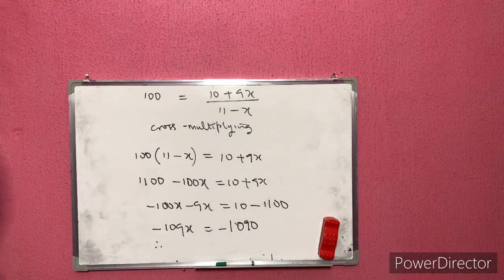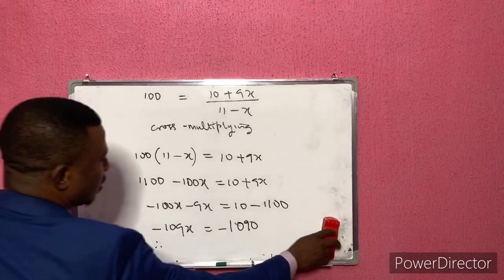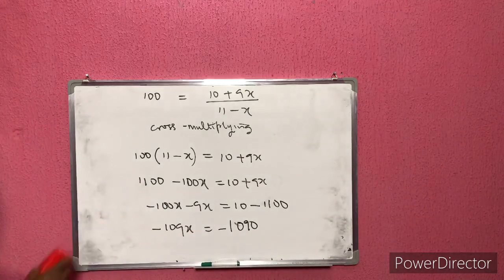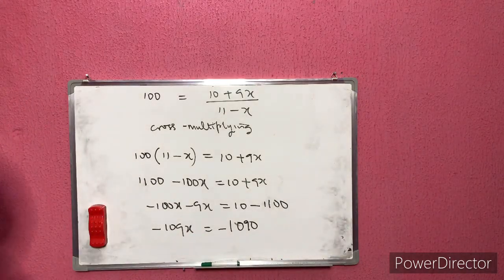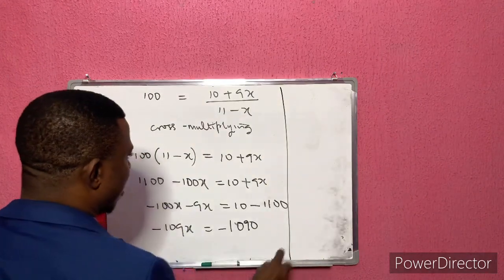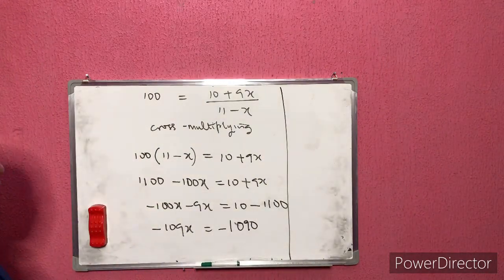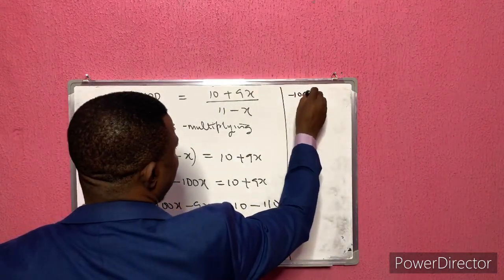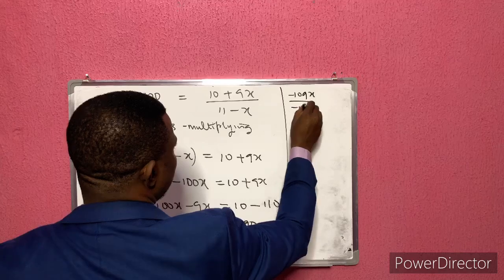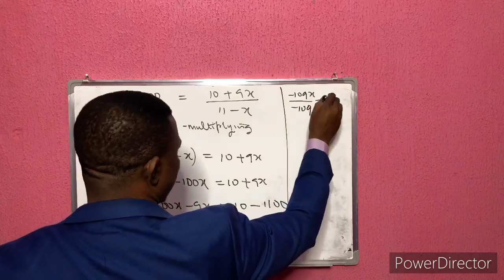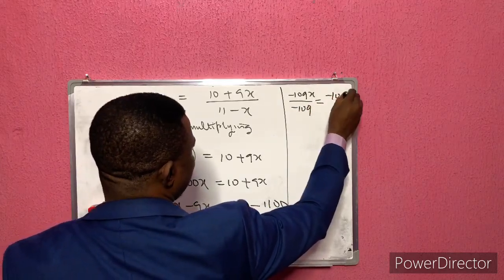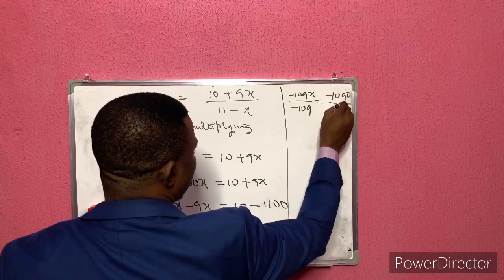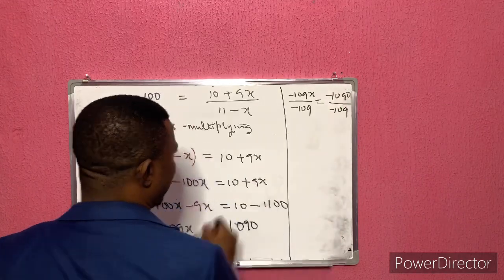Therefore, to make x stand alone, we divide both sides by minus 109. Minus 109x over minus 109 equals minus 1090 over minus 109.